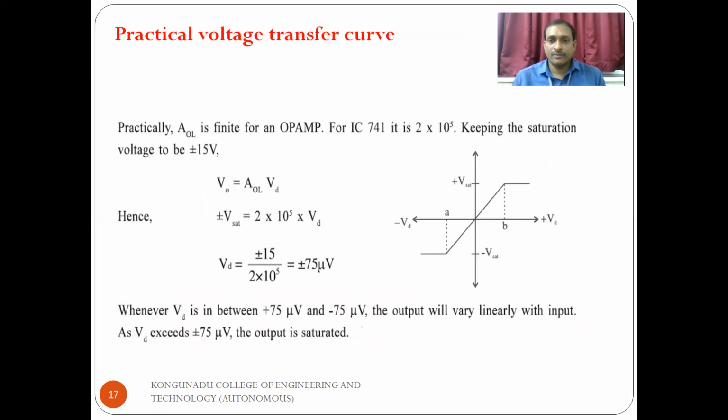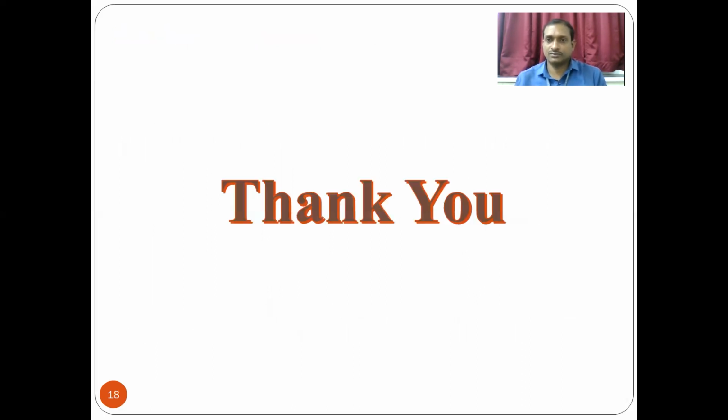Practical voltage curve: for the case of IC741, the gain is 2 into 10 power 5, and VD is equal to plus or minus 75 microvolt. The input varies between plus 75 microvolt and minus 75 microvolt. In this region the characteristics will be linear, varying with the input linearly. After this value, it goes into saturation. So, thank you.